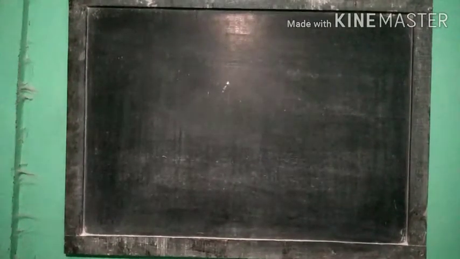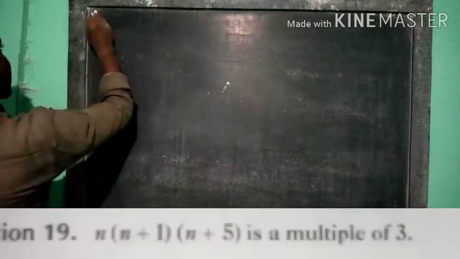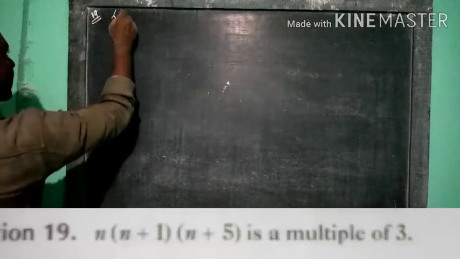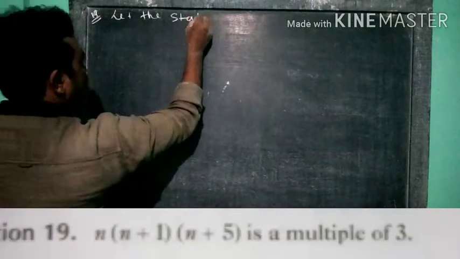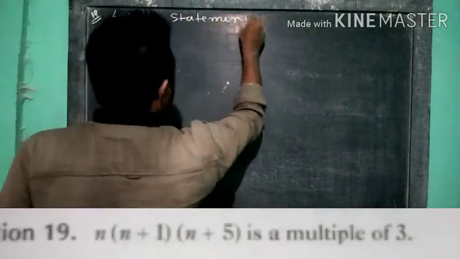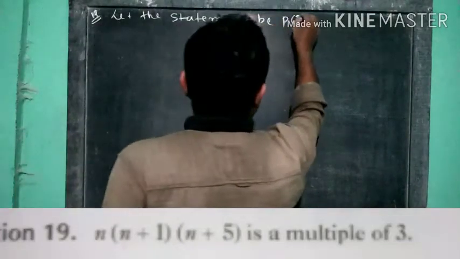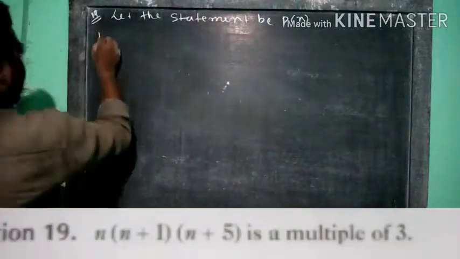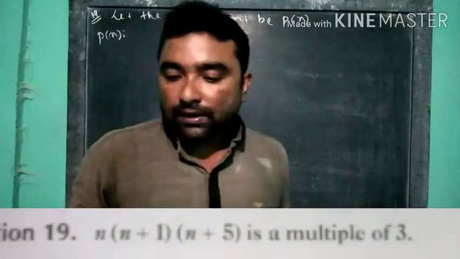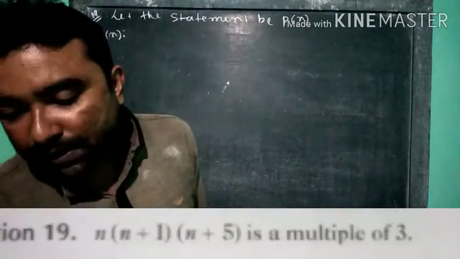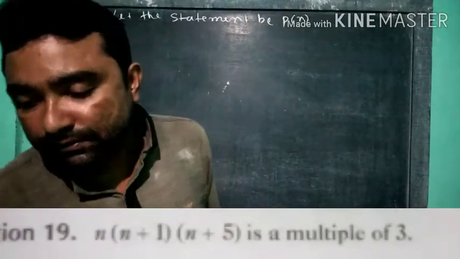now we are going to solve question number 19. So question number 19 is what? Let the statement be P of n. So P of n such that, so given statement is what? n whole into n plus 1, n plus 5 is a multiple of 3.